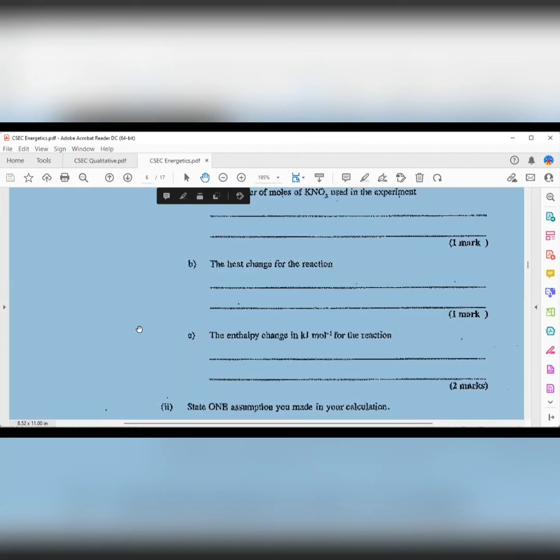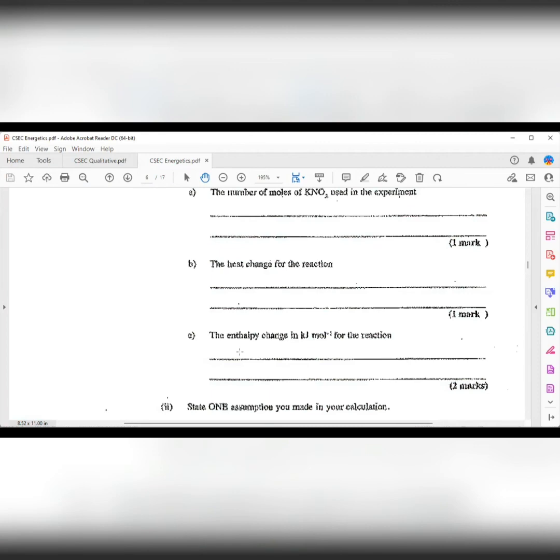So the enthalpy delta H would be equal to 1764 joules divided by 0.1189. Give me a second.